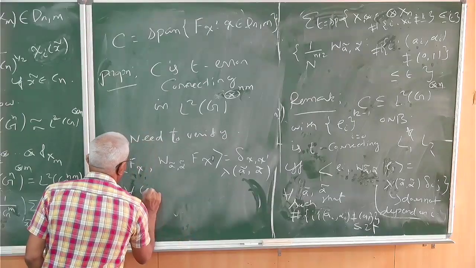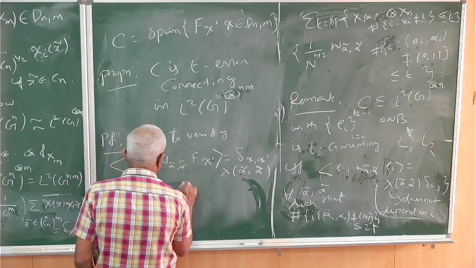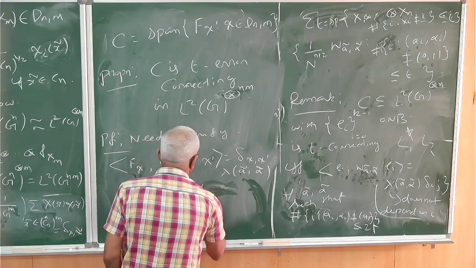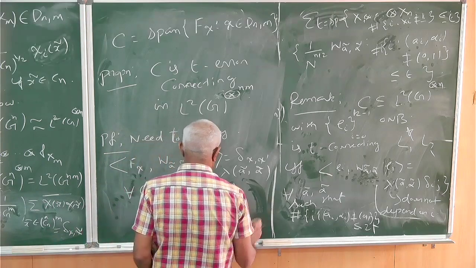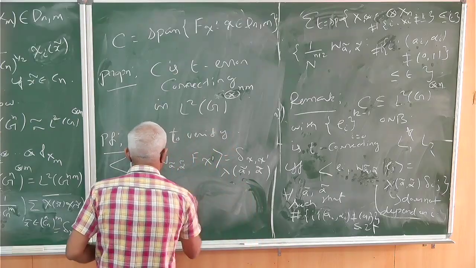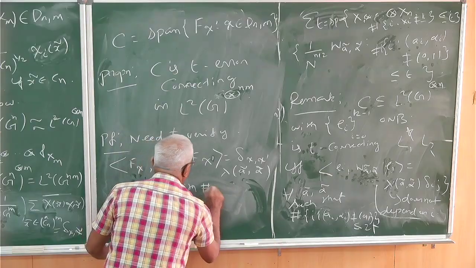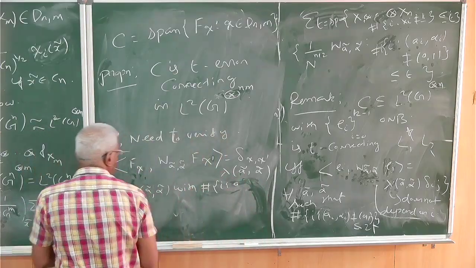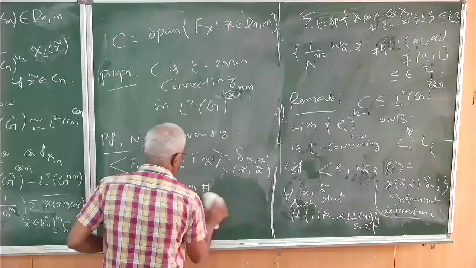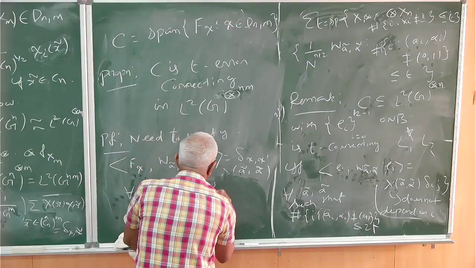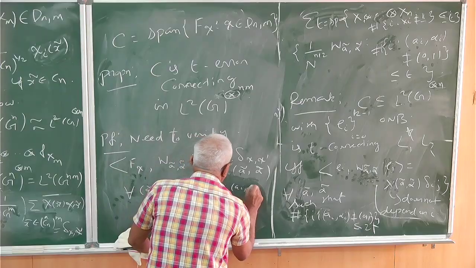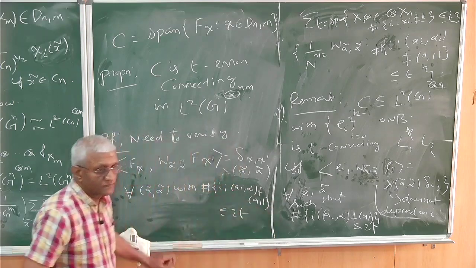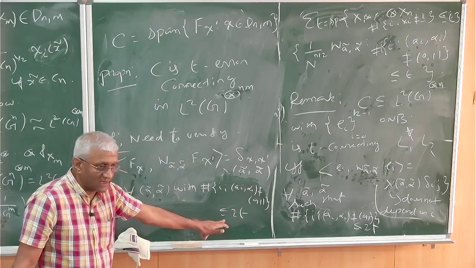This is for all A delta, alpha delta with the number of i such that A_i, alpha_i not equal to 0, 1 is less than or equal to 2t.